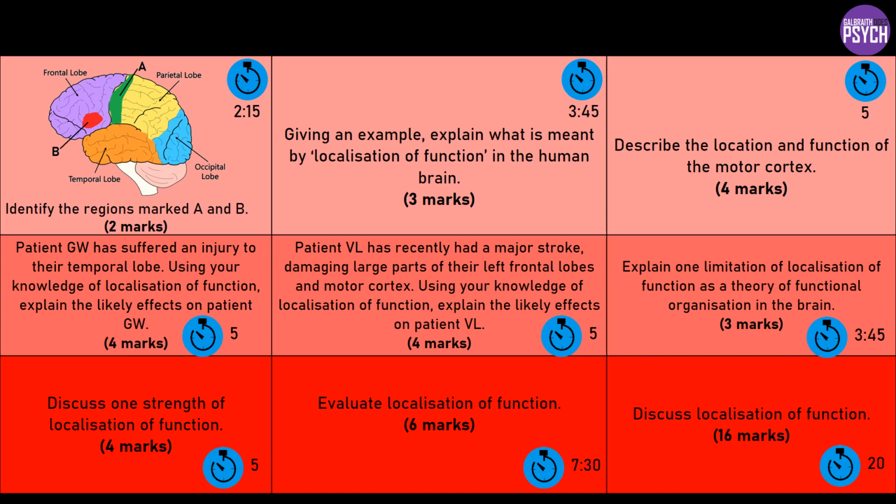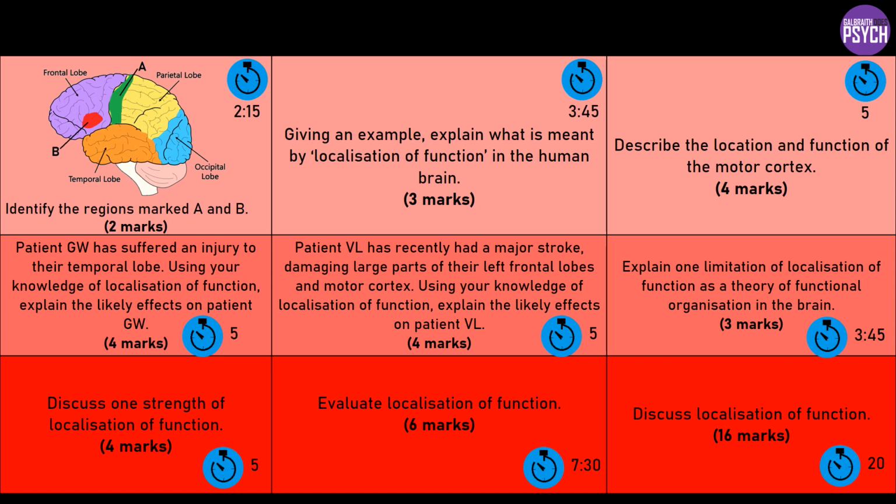This was put forward by Lashley based on animal research, and what he basically did was damage bits of cortex in the rats' brains to see what would happen, and no one piece of damage really affected them. What he found was that other bits of brain would take on those functions, and even if he damaged their motor cortex, their brain would get around it. And this links into what you've learned about plasticity.